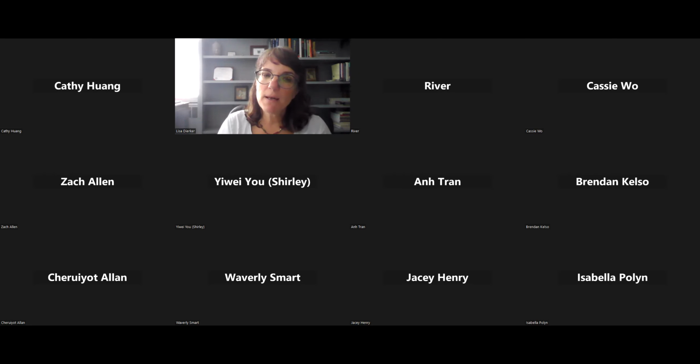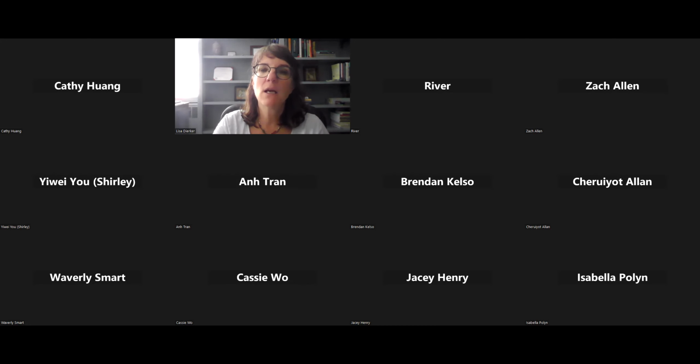You have a green button at the bottom of your Zoom page that says share screen. It's green in the middle. No, I don't see anything. If you go up to view, sometimes you can go to full screen.